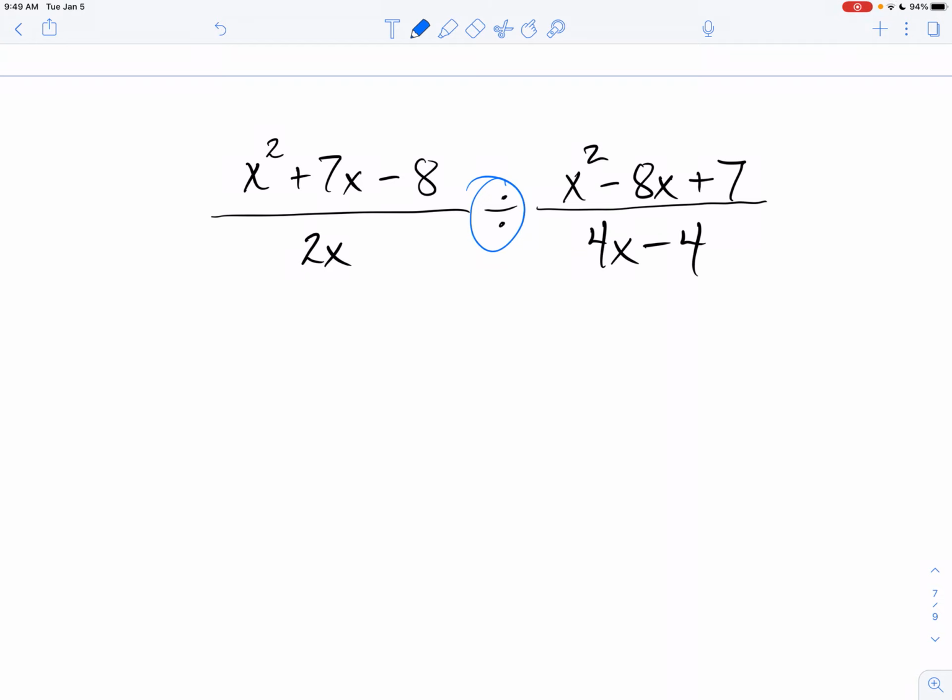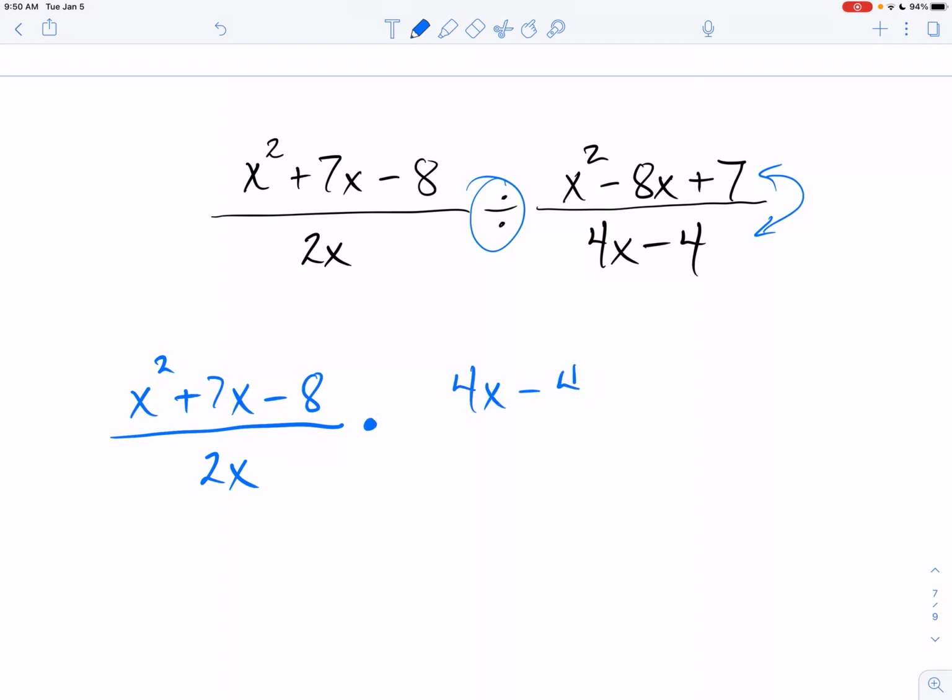I am going to copy down the first part, and then on the second one, I'm going to flip it and turn it into a multiply. So when you do the problems in the practice, if you see a division question, you can copy it down and make it a multiply instead.